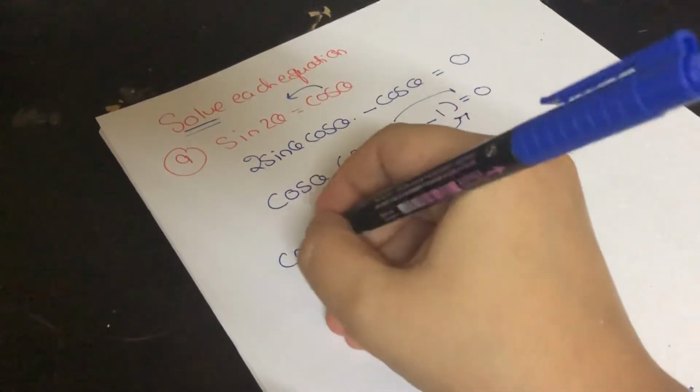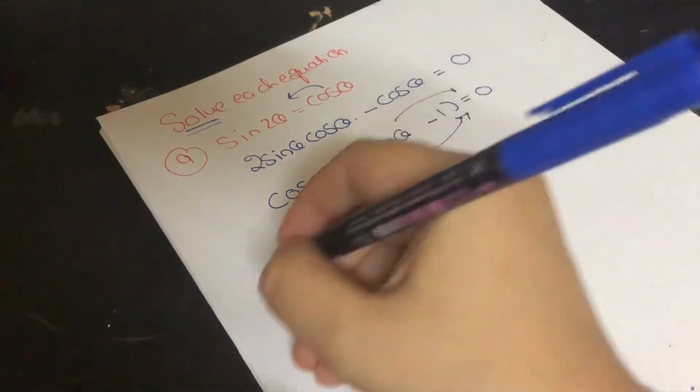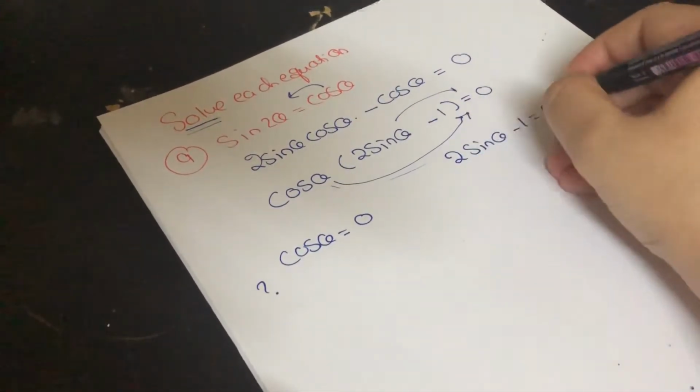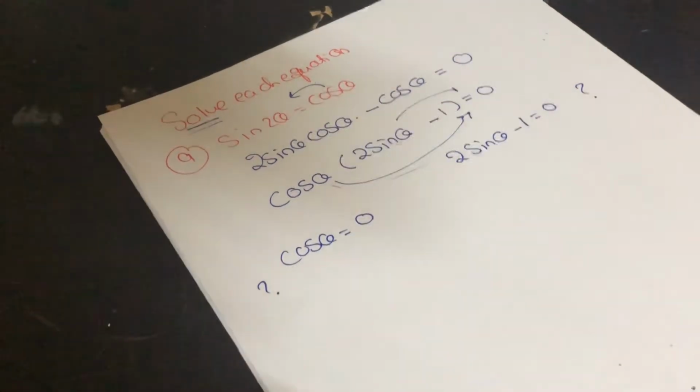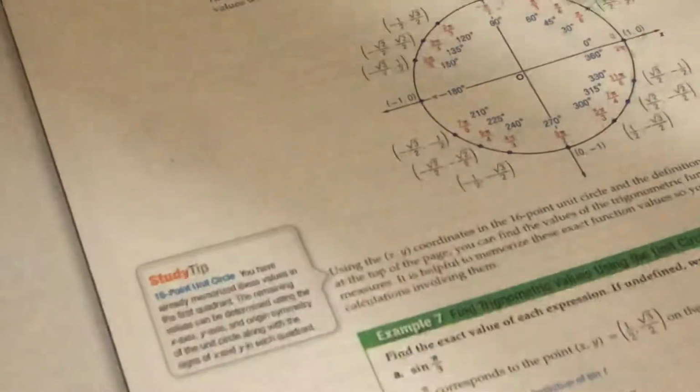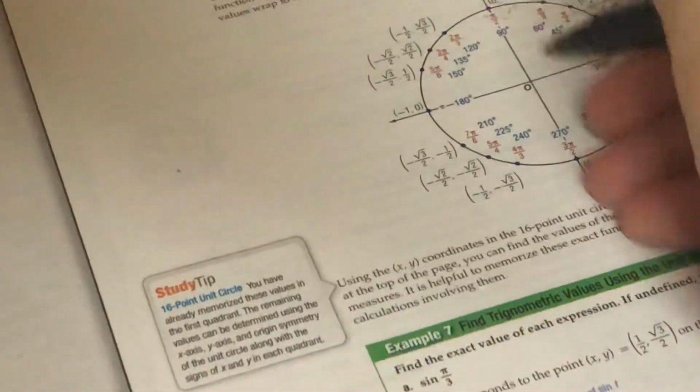So cosine theta is equal to 0 when? And 2 sine theta minus 1 equals 0 when? So when does cosine theta equal 0 on my unit circle? This is the unit circle. When is cosine theta equal to 0? Cosine theta is equal to 0 here and here.